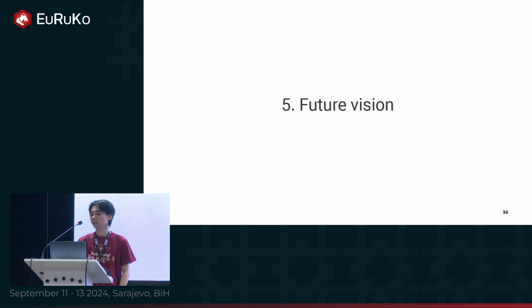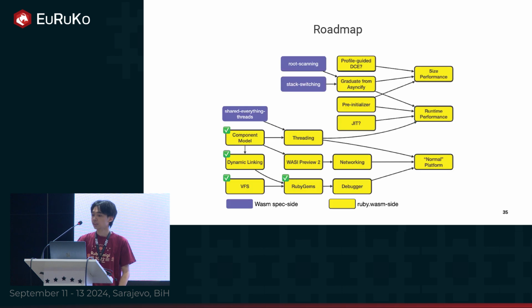Finally, let me introduce the future vision and roadmap. This year, I drew the roadmap for my three goals. The first one is binary size, and also runtime performance, and normal platforms. Because WebAssembly is still very much a work-in-progress technology, it's not a normal platform yet, so we need to make it as normal as possible.